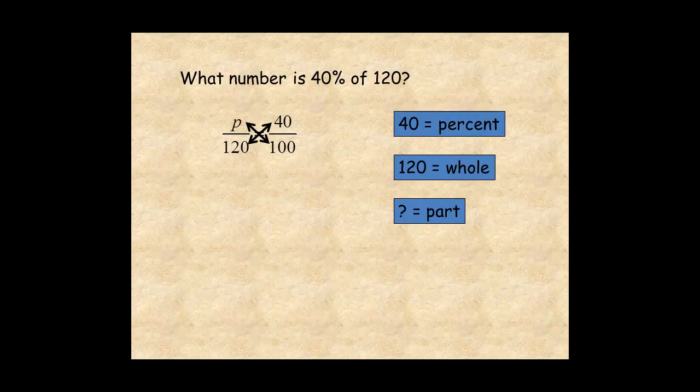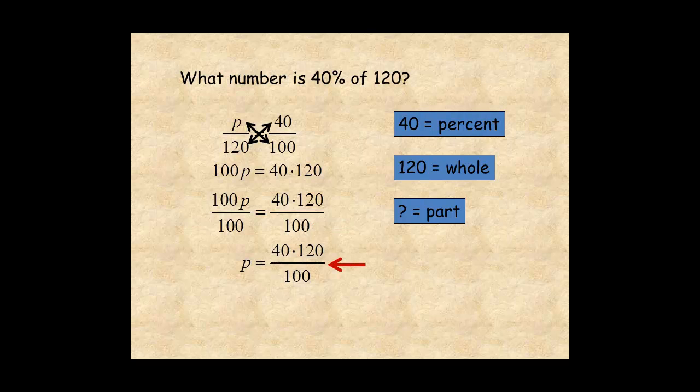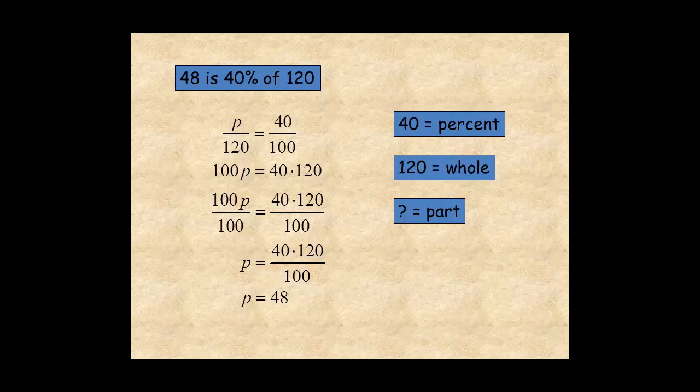Cross multiply, and you get 100 times part equals 40 times 120. Divide both sides by 100, and you get part equals 40 times 120 divided by 100, which is 48. So 48 is 40% of 120.